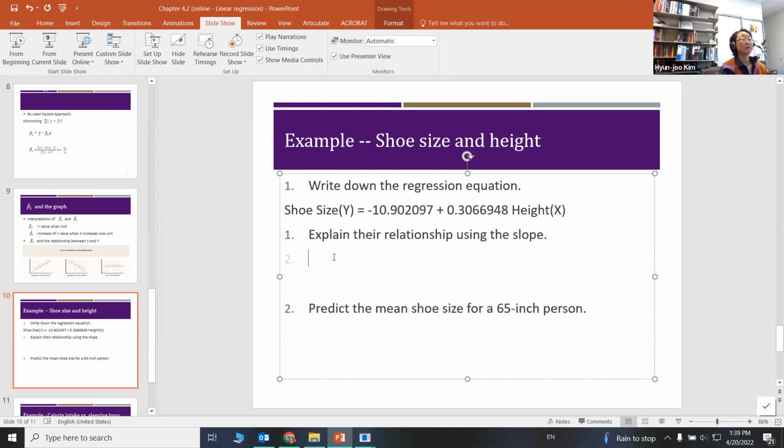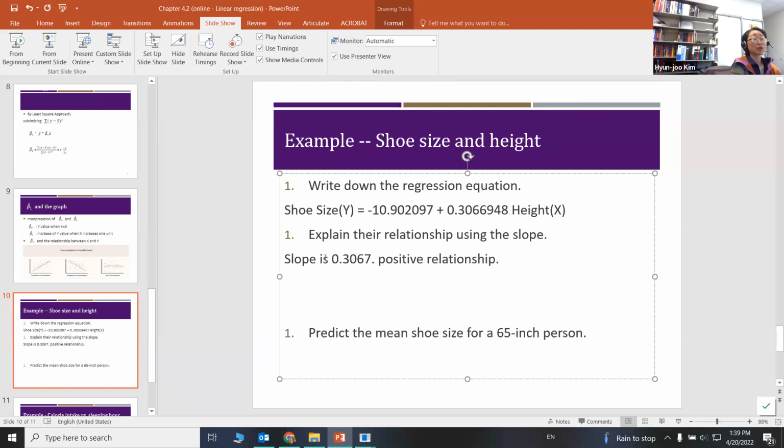And then it's asking, explain the relationship using the slope. So your slope is 0.3067. One thing, it is a positive relationship.